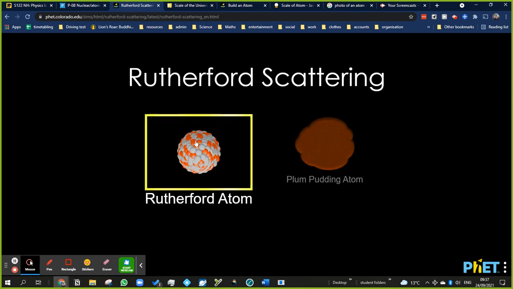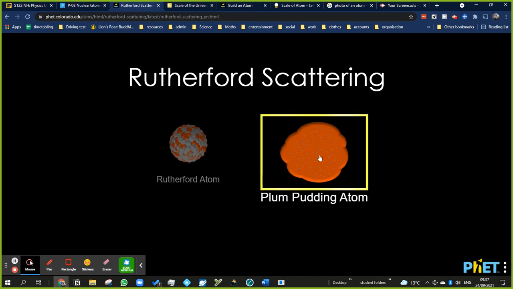Whereas the Rutherford atom is a bit different. It's got the nucleus in the center, which is quite hard and solid and contains most of the mass. And then you've got this big space around the outside where the electrons would be orbiting. By this point, they already knew about the electrons. And the plum pudding people said the electrons were stuck inside the atom like plums in a plum pudding.